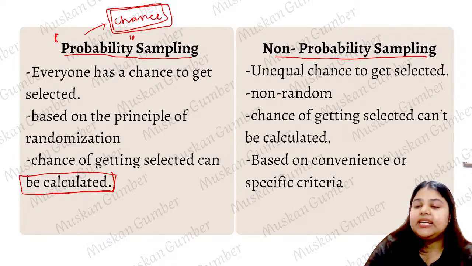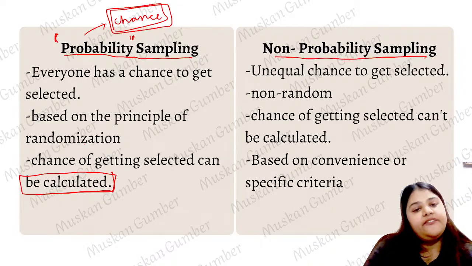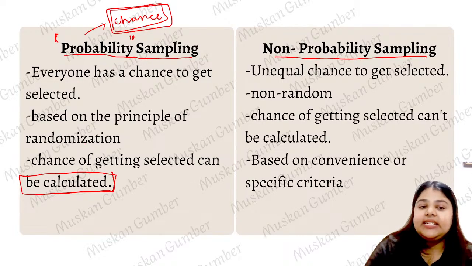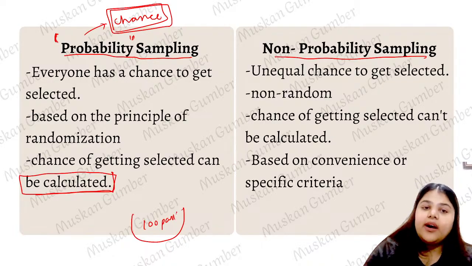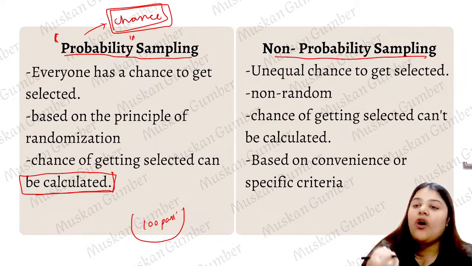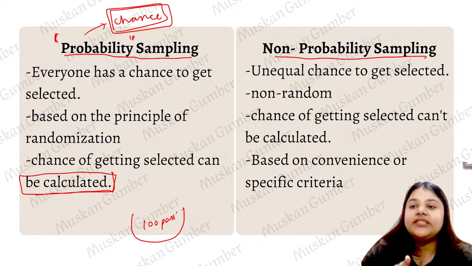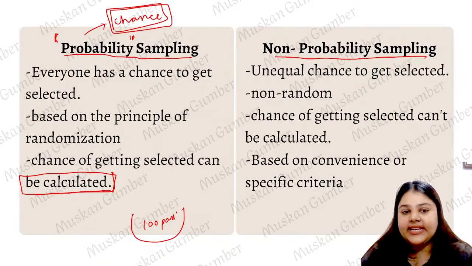For example, there is a bowl with chits of 100 participants. Now I can calculate how much chance each person has to get selected.